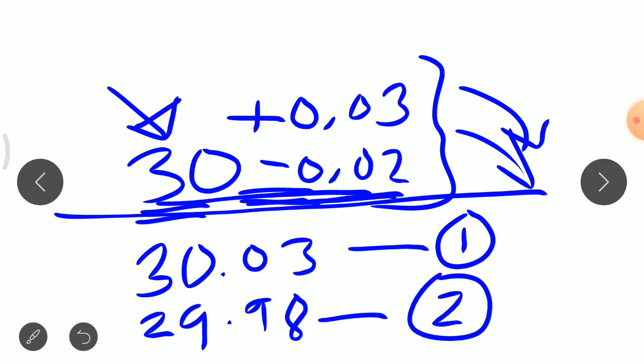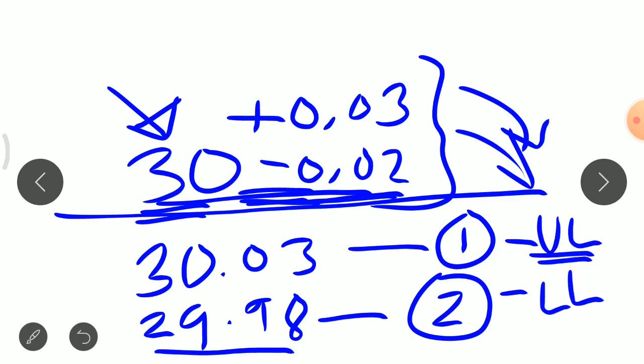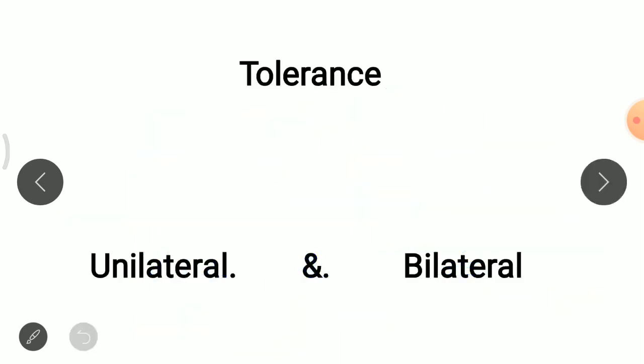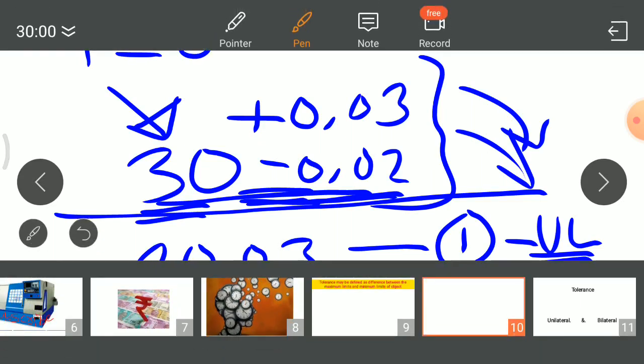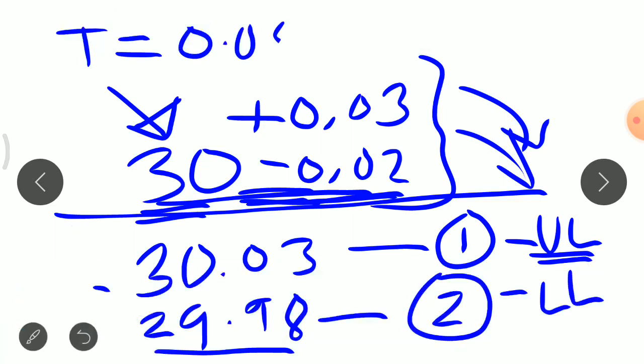This is our second value, and of the two, 30.03 is the maximum value of that particular shaft, so we call it the upper limit or maximum limit, and 29.98 is the lower limit, or we can call it the minimum limit of the shaft. After subtracting both values we get the tolerance, and the tolerance value now is 0.05 mm.